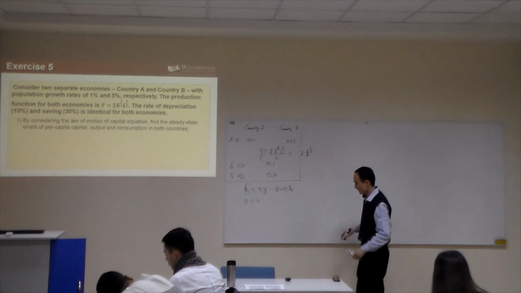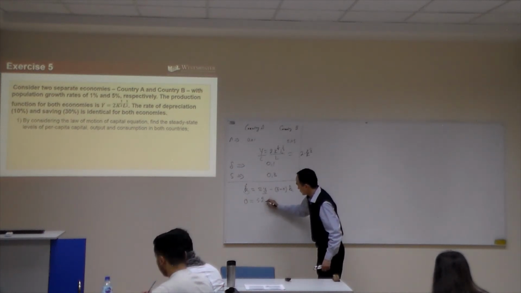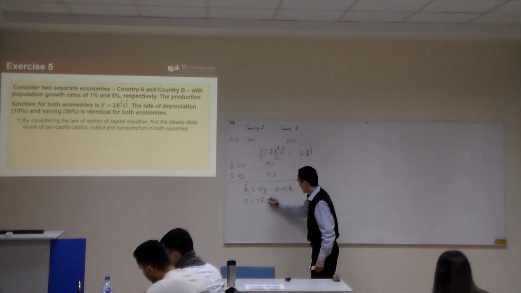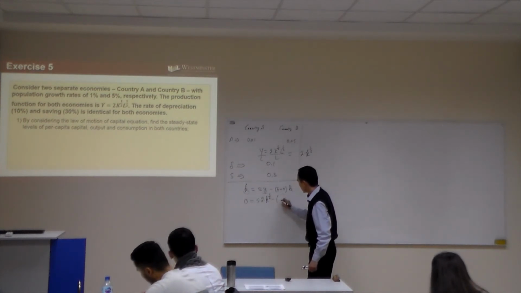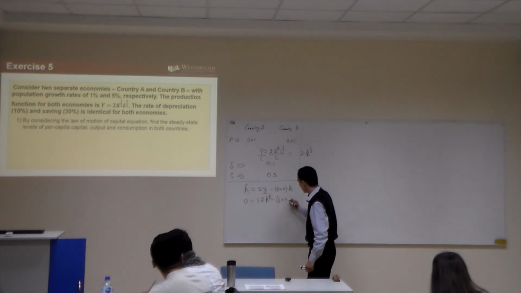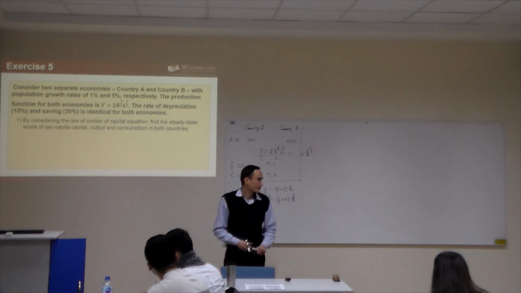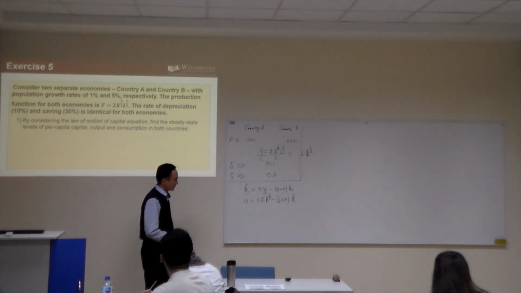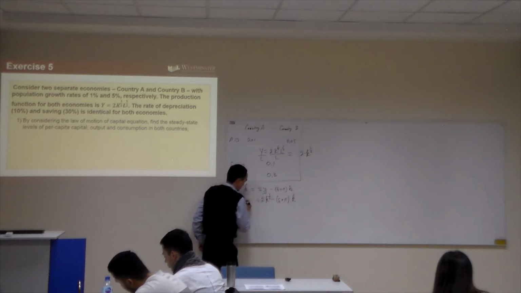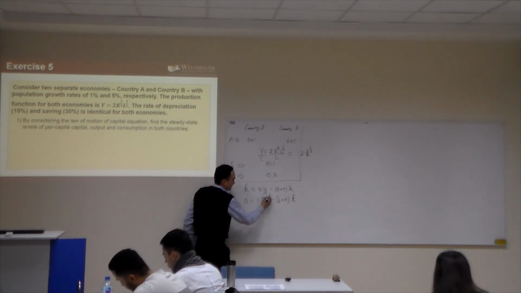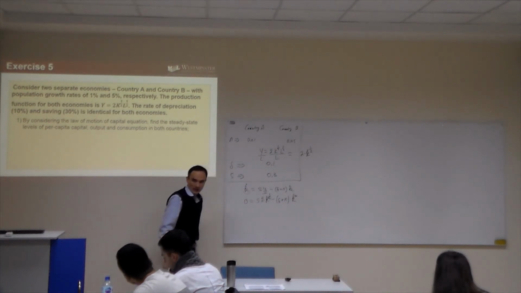Right? Okay? So now it is saving rate times technology, which is 2 times per capita capital in the power of 1 over 2 minus depreciation plus saving rate times per capita capital. Good. So these are all, it's going to be 0 in steady state level of per capita capital.